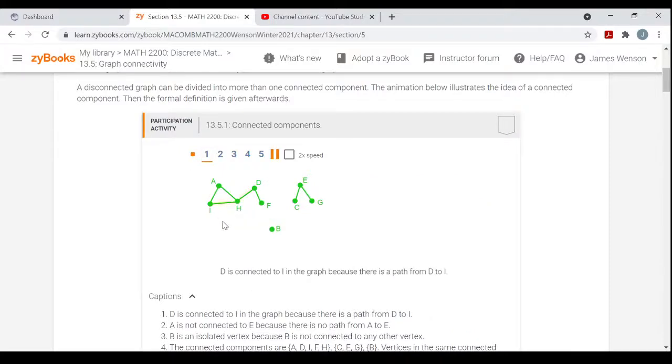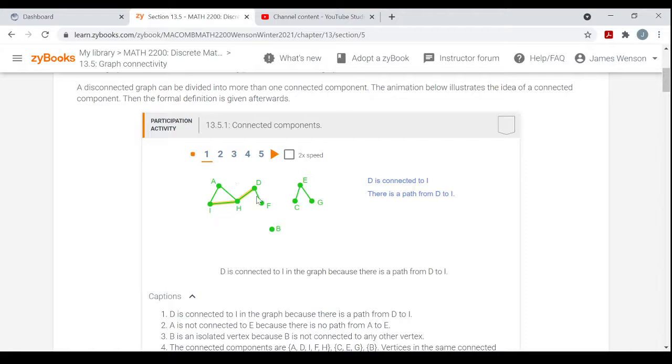There's a graph with vertices A through I. And you see that vertex D and vertex I are connected, because there's a path between them. Same thing for D and H and I. Basically, every vertex in this part of the graph, A, I, H, D, and F, is connected.